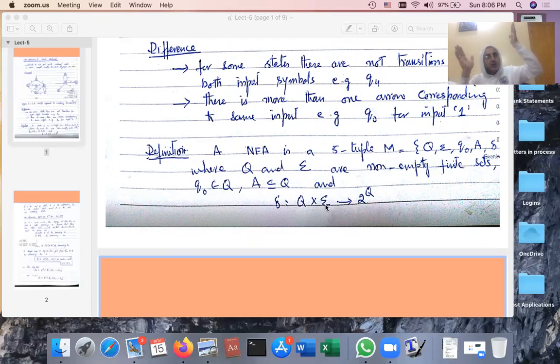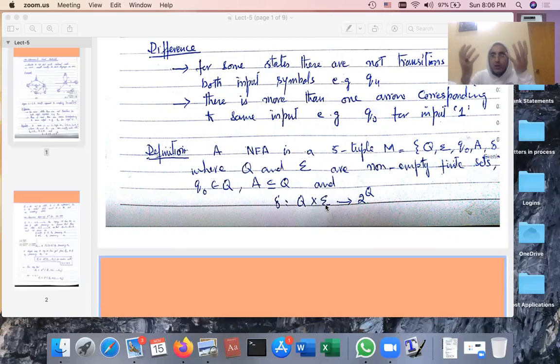If you write the complete set of states in one column and the complete set of input symbols in another column, and apply the Cartesian product, which means all combinations, then definitely you will reach some states which will again be part of your set of states.